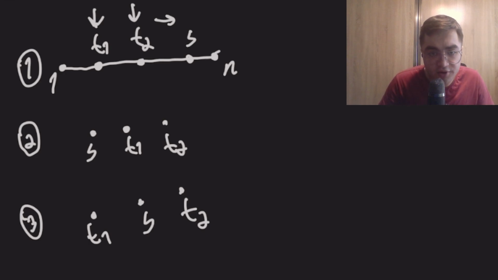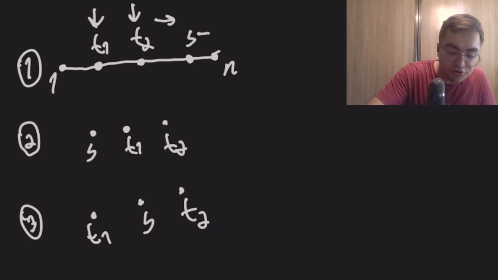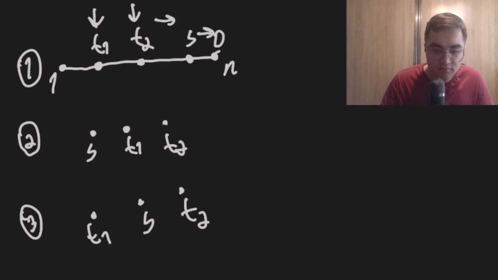Okay, now let's try to consider the first case. In this case, obviously the student will just go right, because the student knows that both of the teachers are to his left, which means that if he goes left, he will get caught earlier. So the student will run to the right, and eventually stop at the very last cell, which is N, because there are cells from 1 to N, so you can't go off the grid.